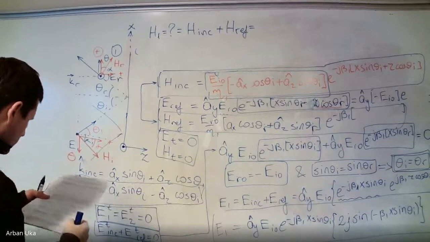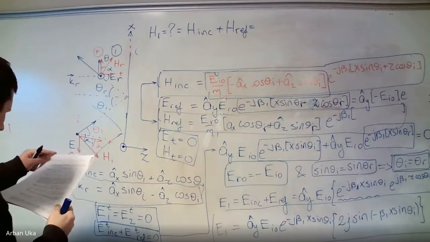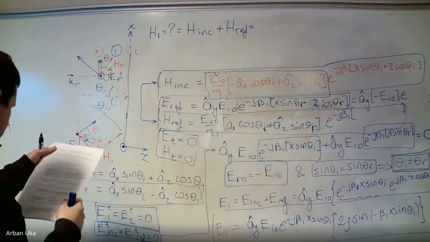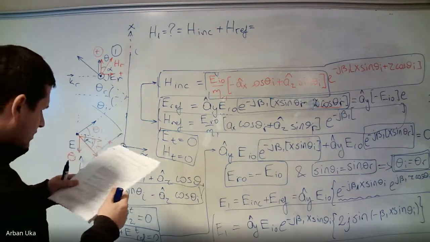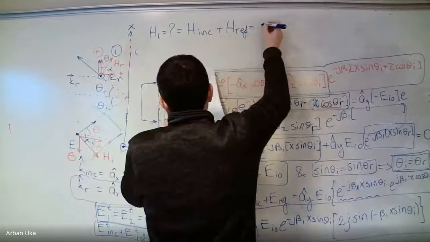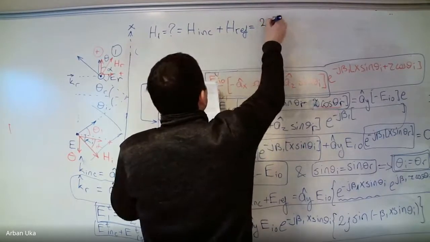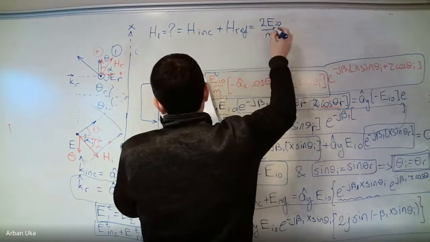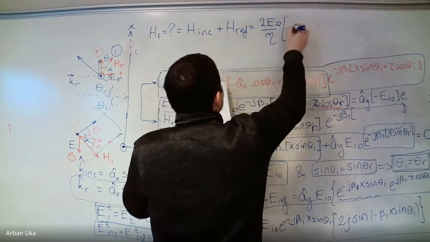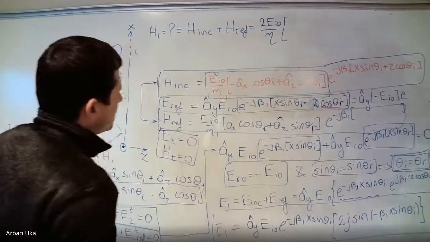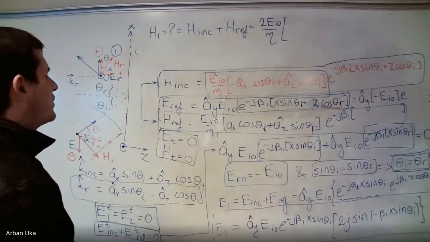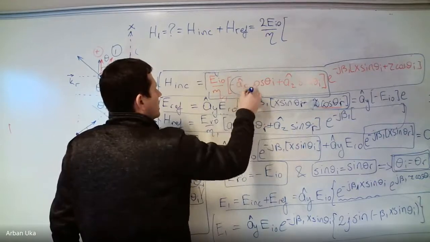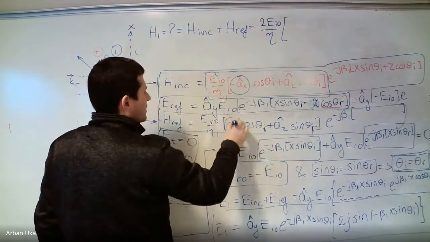Once we add these two together, the final answer is going to look a little bit complex, because this will be equal to 2 EI0 over the intrinsic impedance times the component along the, let's see it for a moment. We have to add this term with this term.